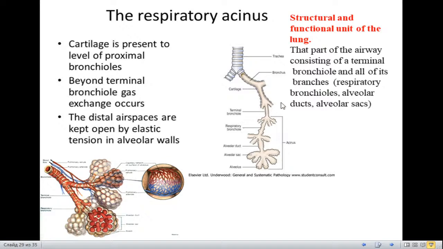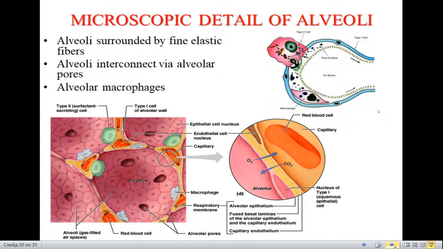In this slide you can see the acinus once more. The difference between bronchus and bronchiole is the absence of cartilage in the bronchioles. If you look at alveoli through a microscope, you can see that they are surrounded by elastic fibers.